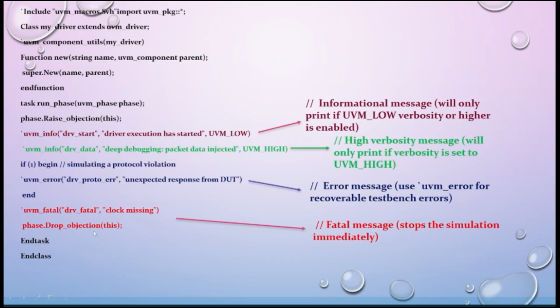See, phase drop objection, this. We'll see what these phases are in the upcoming sessions, phase raise and phase drop, but this is how you will be reporting the errors. Okay, `uvm_info, `uvm_error, `uvm_fatal, all these things, this is how you will be reporting messages in your UVM testbench code, right?